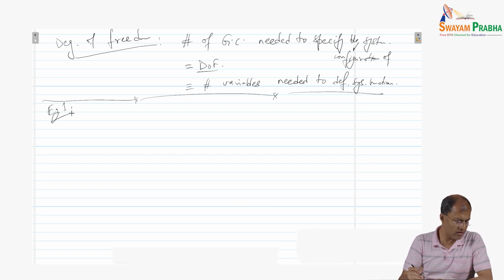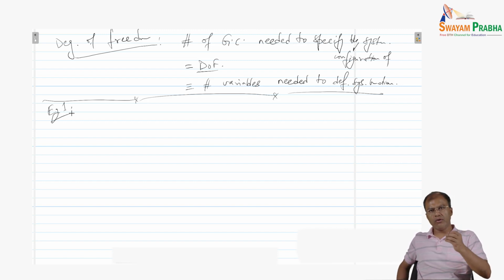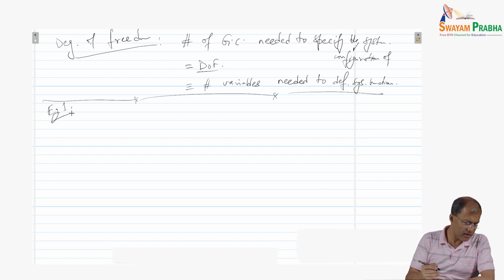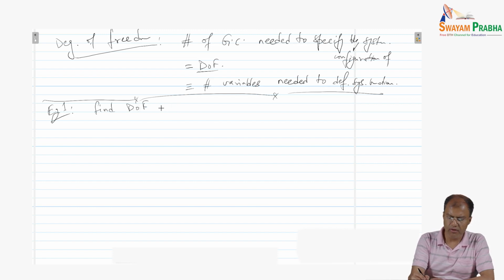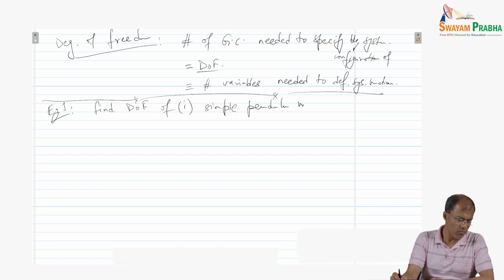Let us quickly look at some simple cases to figure out what we mean by degrees of freedom, right? The first example is to find the DOF of a simple pendulum moving in a vertical plane.